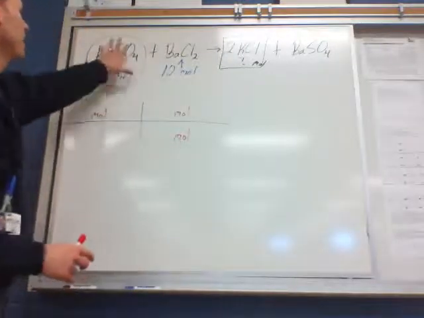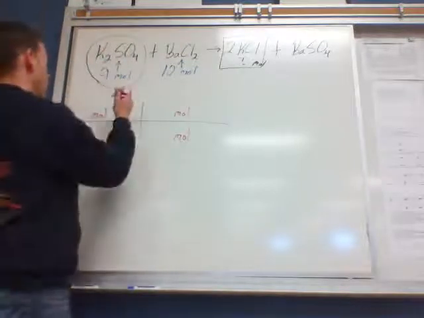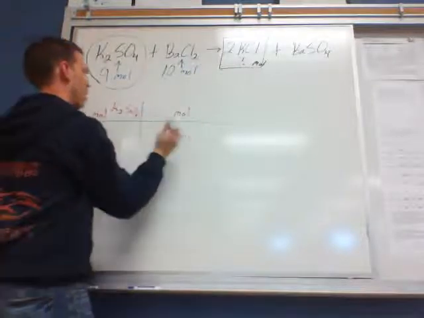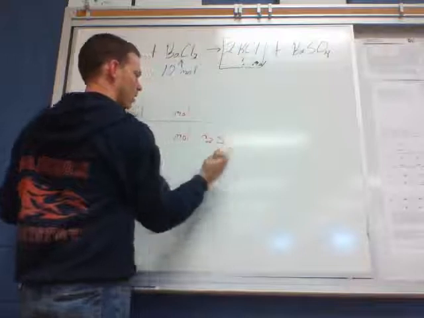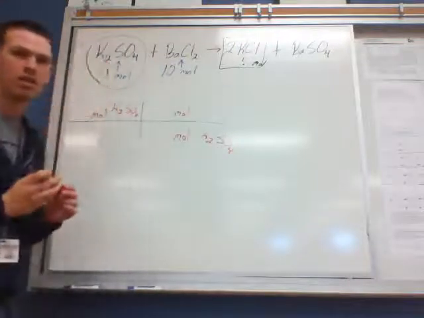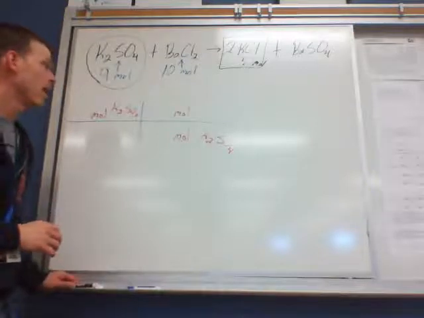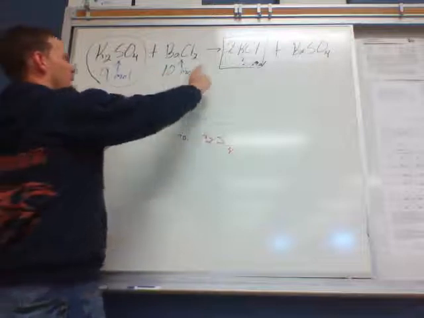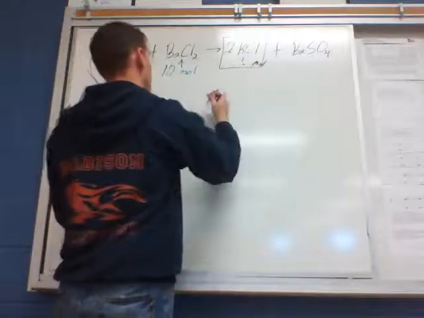We are analyzing this guy right now. So the given compound is K2SO4. And then this square requests the unknown compound. The unknown compound, we decided we were going to do KCl.